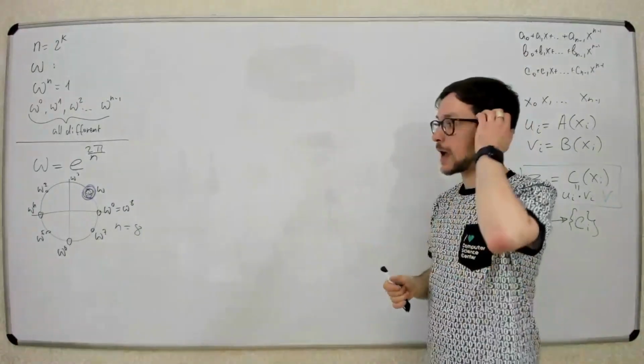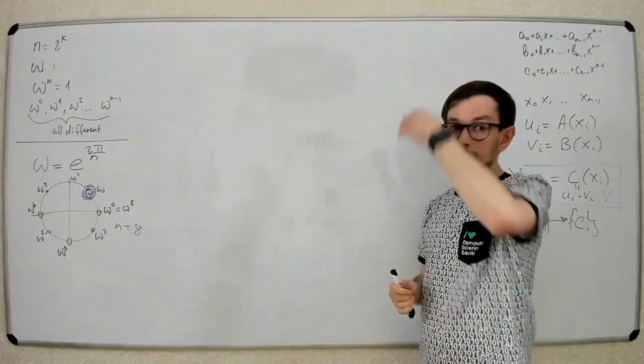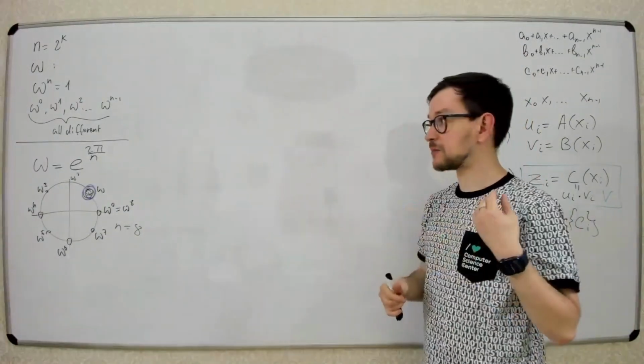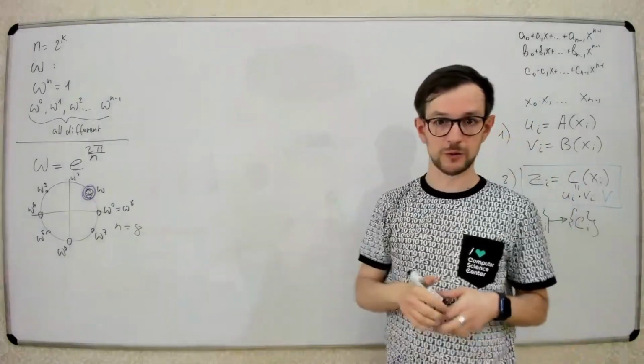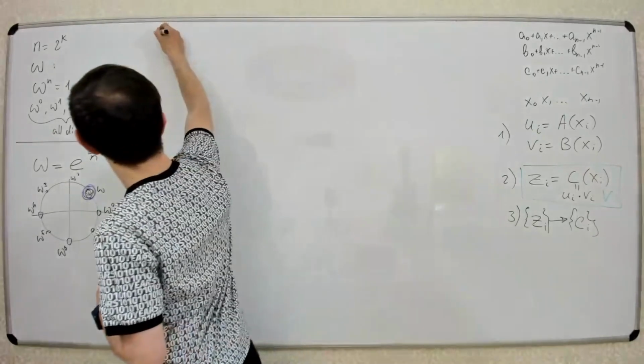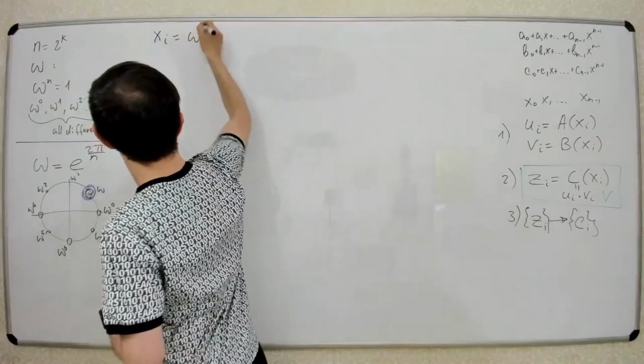Now, what numbers will I pick as my numbers x? I will pick just the powers of w. So I will pick x_i equals w to the power i.